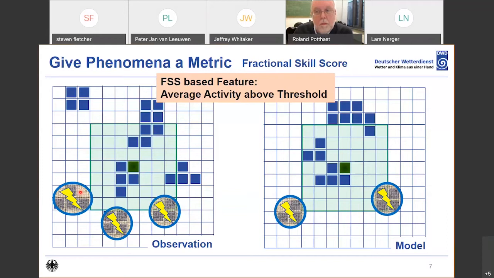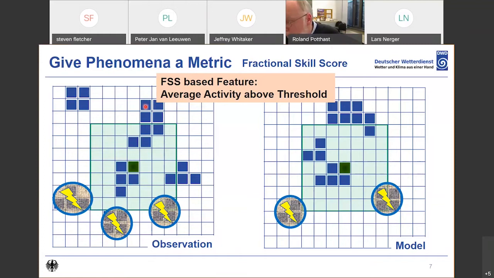This sketch tries to explain this. On the left you have some observations, on the right you have some model, and the model shows some phenomenon. This is a graphic by Christian Welzbacher. Here you indicate some phenomenon, for example, precipitation above 1 millimeter.